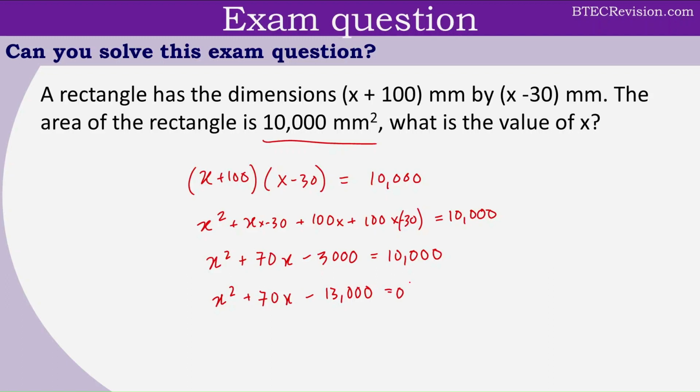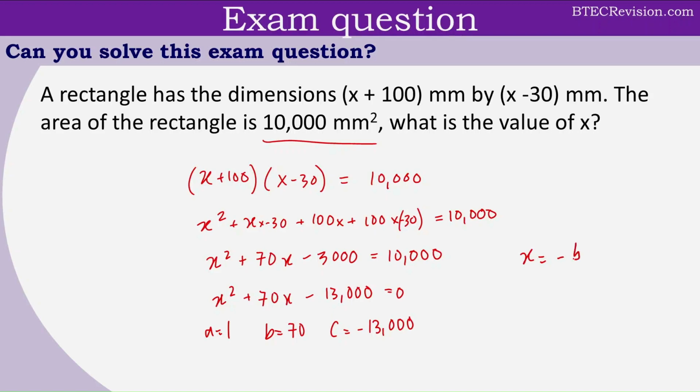So now we have our values. We can see a is equal to 1, b is equal to 70, and c is equal to negative 13,000. We can plug this into our equation.